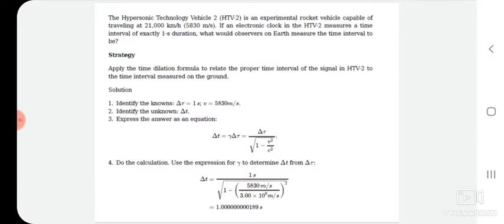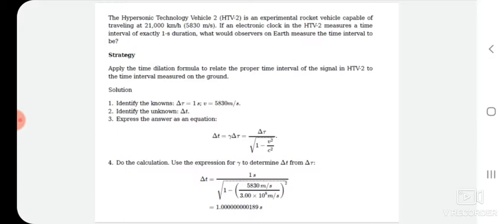If an electronic clock in the STV2, meaning hypersonic technology vehicle 2, measures a time interval of exactly 1 second duration, what would an observer on earth measure the time interval to be?